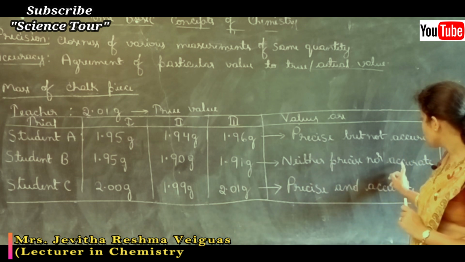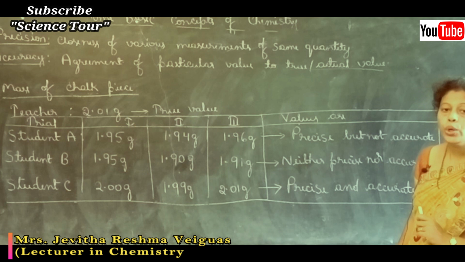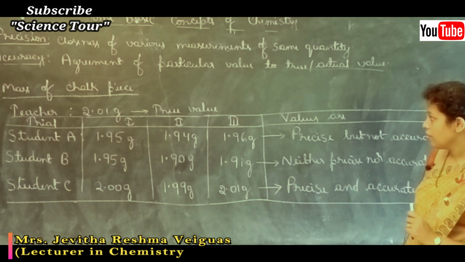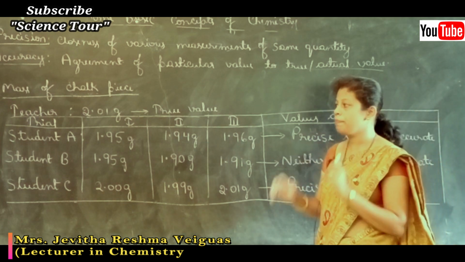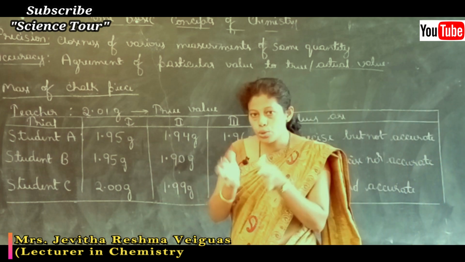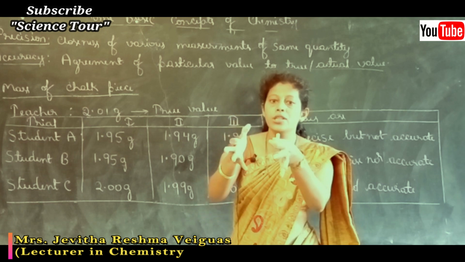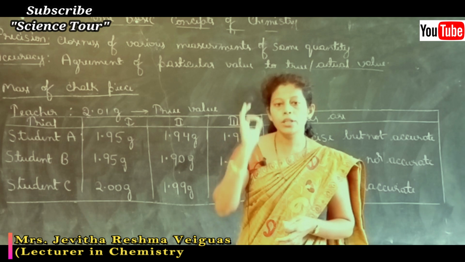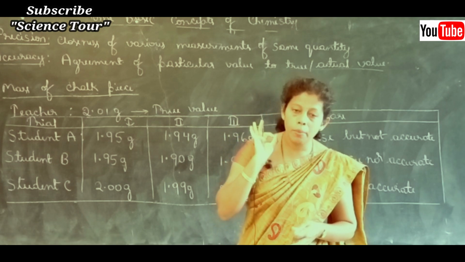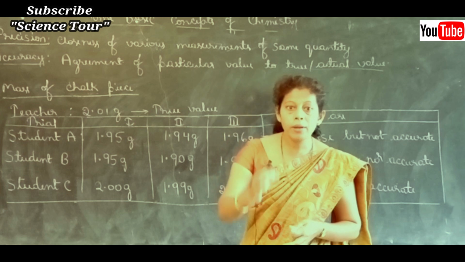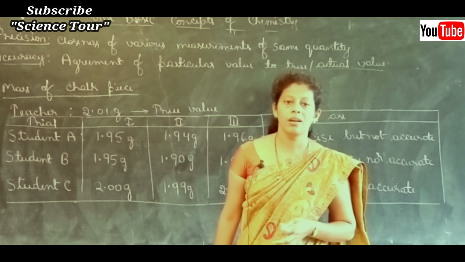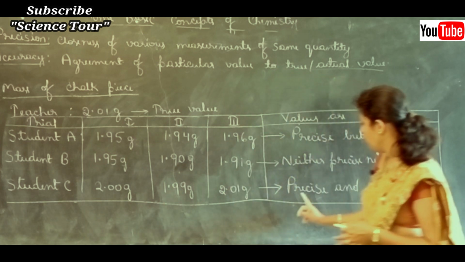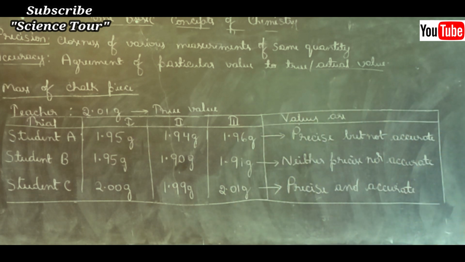If your value is not accurate, then you will lose marks in the practicals, because it is very important in practicals that your values must be close to each other, and also at least one of the values must be close to the true value. Then only it's understood that you are measuring the quantity in a proper manner. You know the proper methodology to measure the quantity. So it is very, very important to have precise and accurate values.